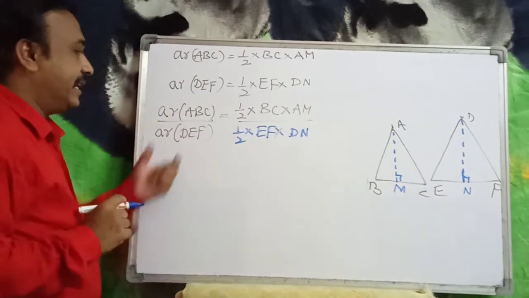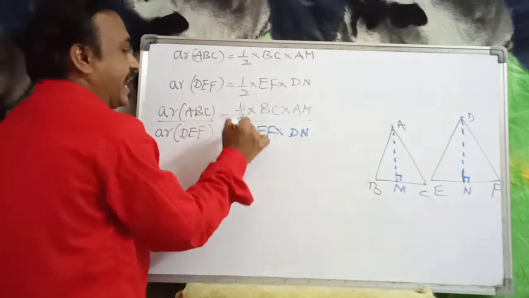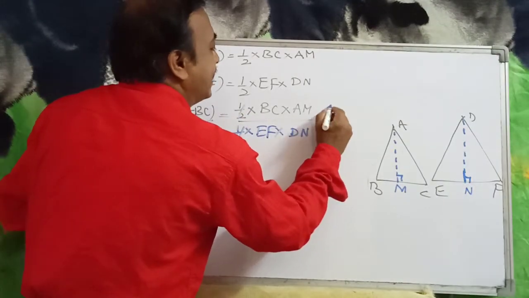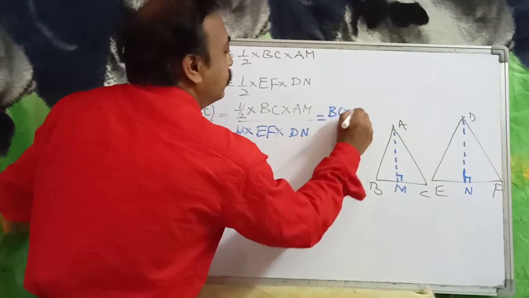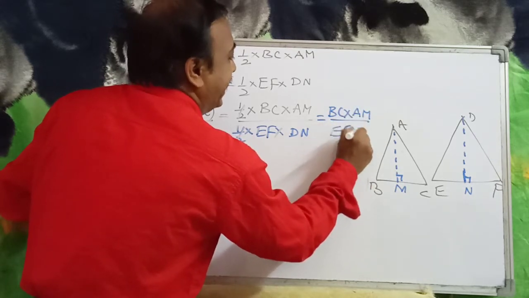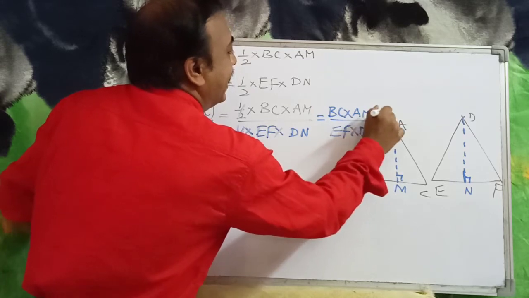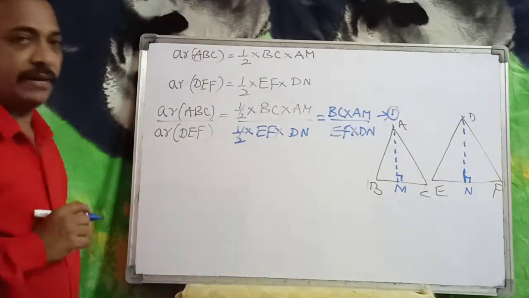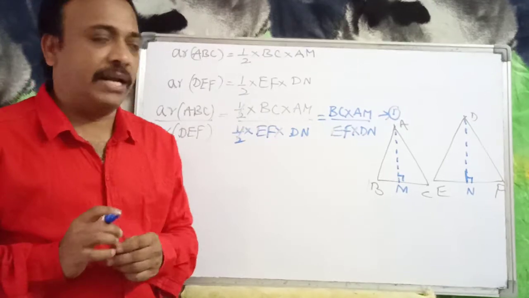Half cancels, and we get BC into AM by EF into DN. Let this be equation 1.